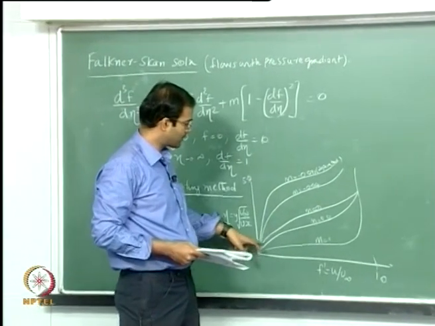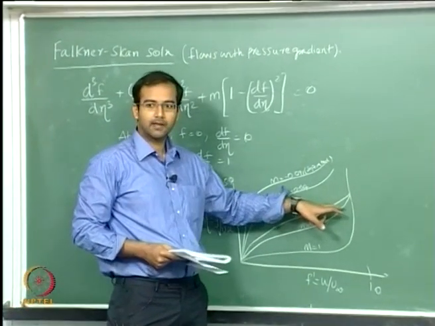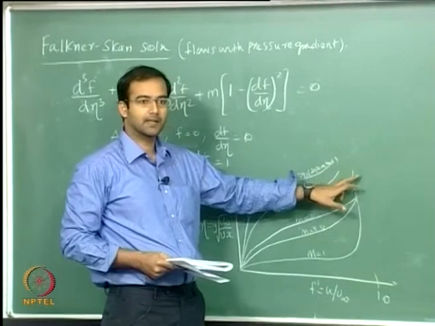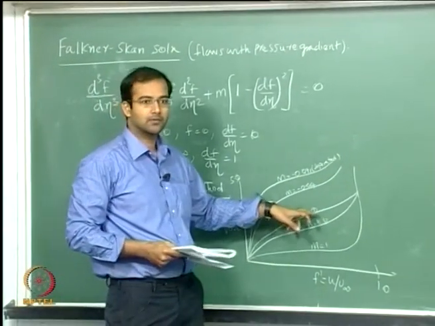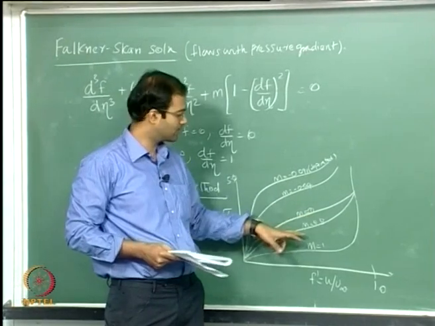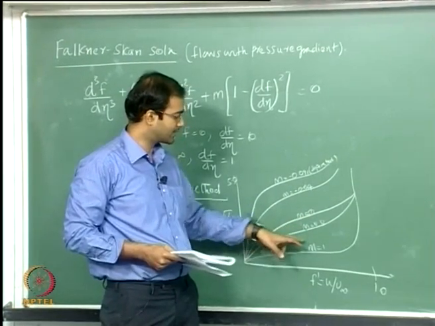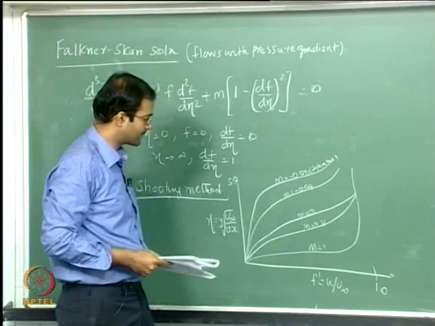For example, m equal to 0 is the flat plate case. You get a profile exactly similar to the Blasius profile, and for positive values of m greater than 0, say like 0.33, something like this, and for 1, it is something like this.